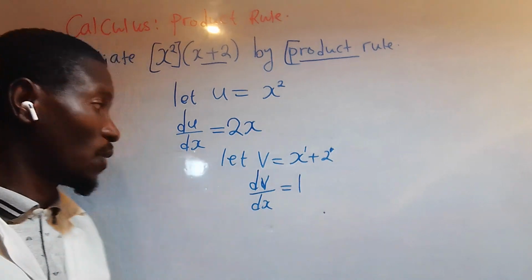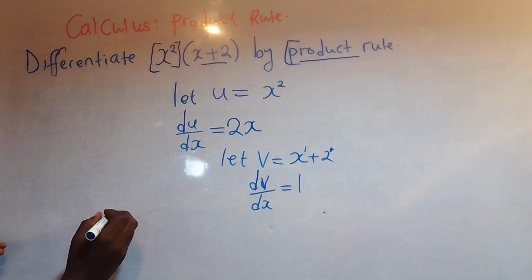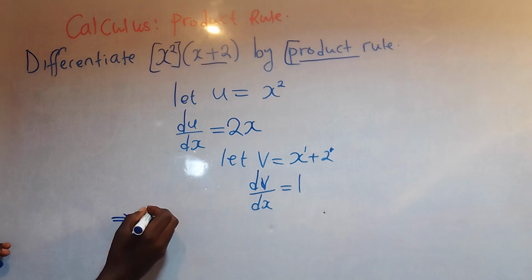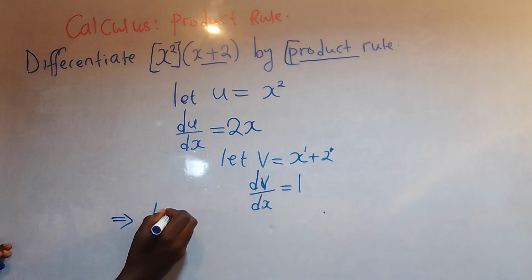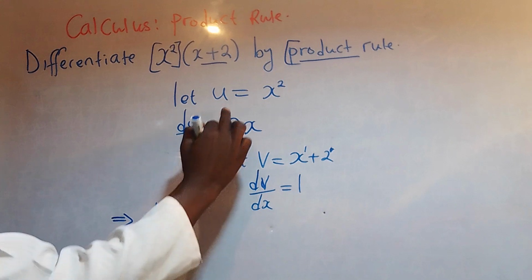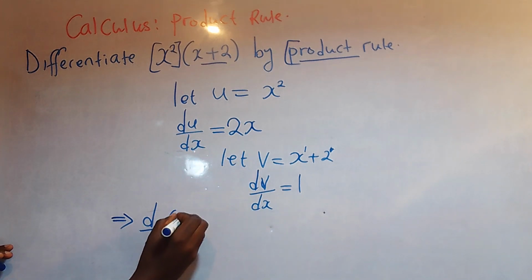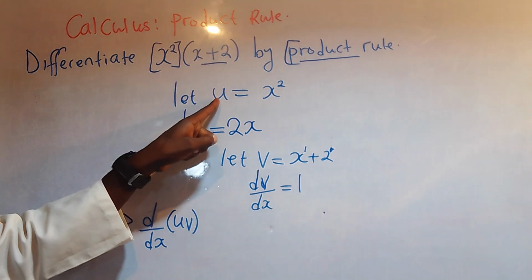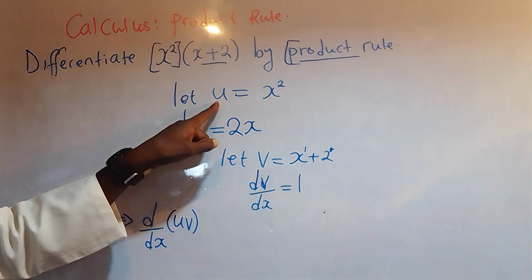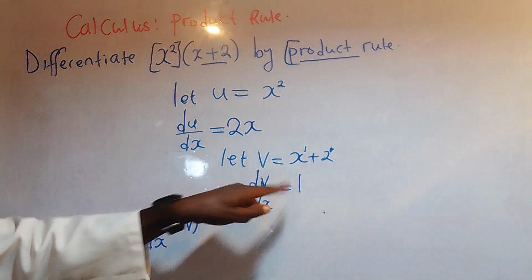Therefore, we say d over dx of the product of these two, which we assumed to be let u equal that and let v equal this.